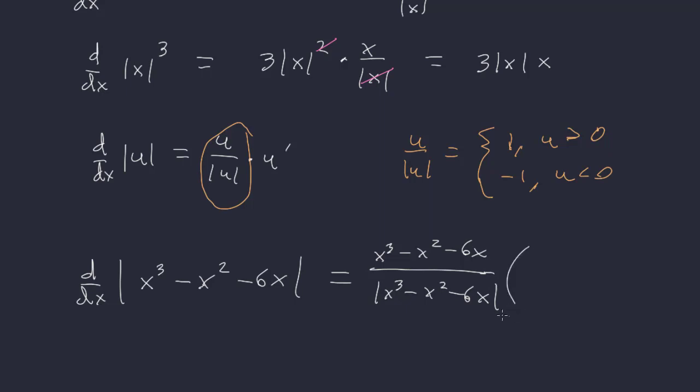And then we'll multiply by the derivative, which will be 3x squared minus 2x minus 6.